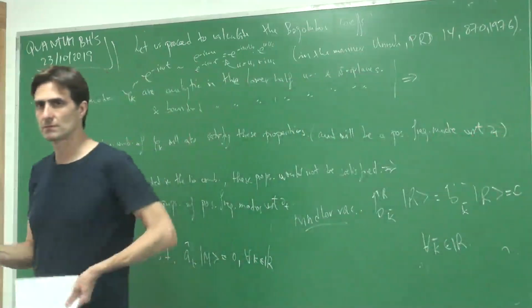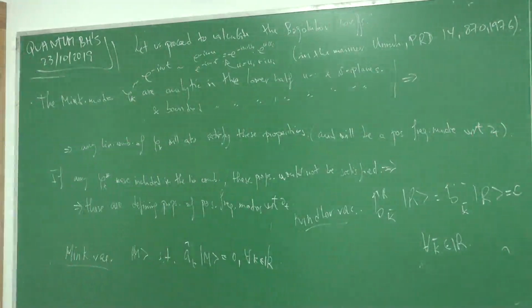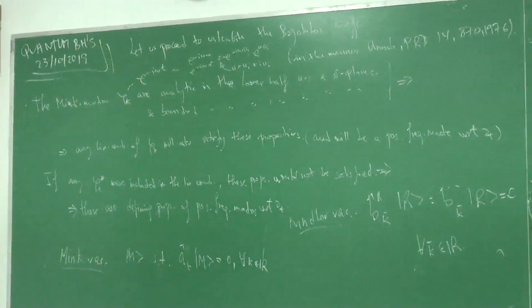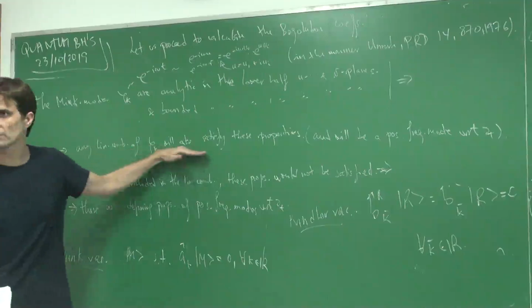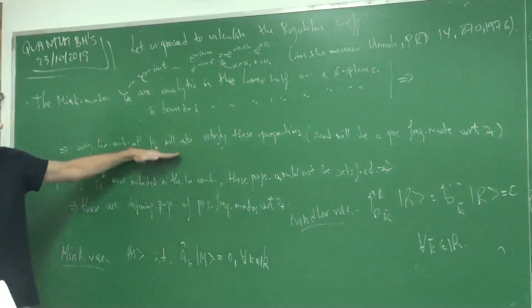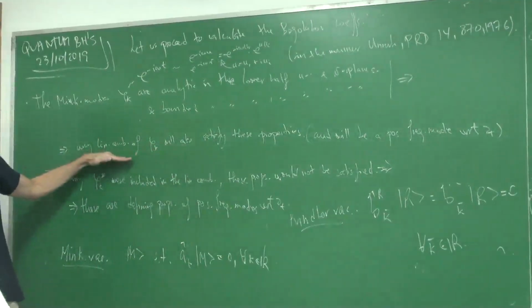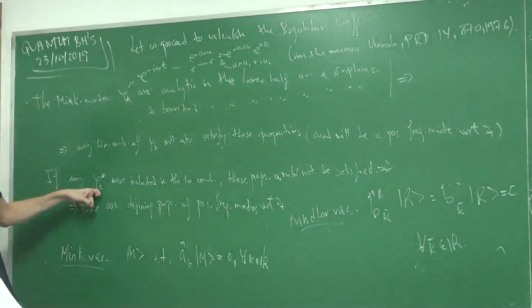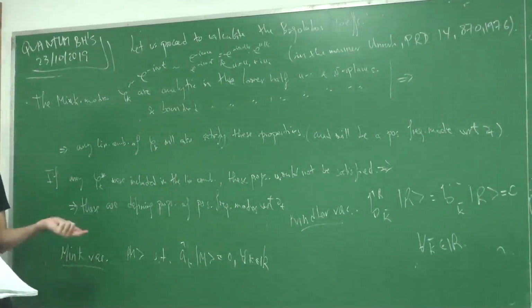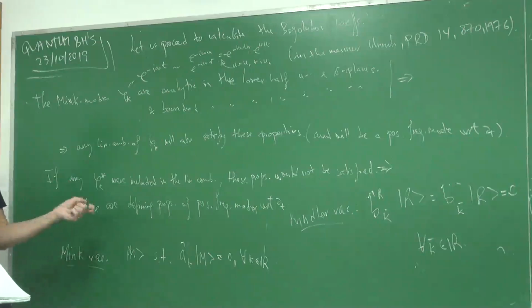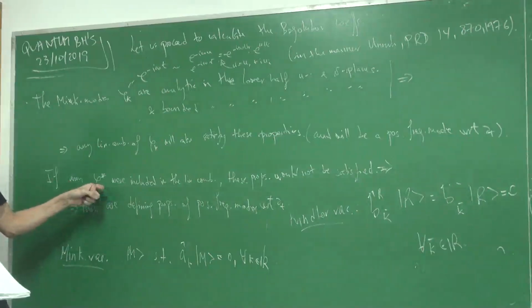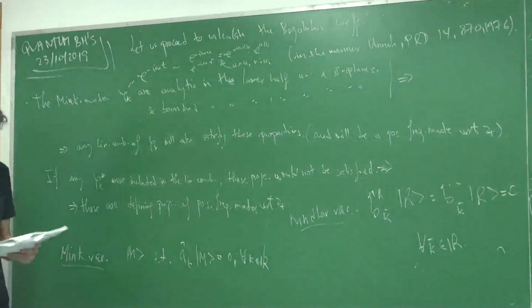You just put together all positive frequency modes, so the result will also be a positive frequency mode. If you include any negative frequency modes, the result will not be a positive frequency mode, and you won't satisfy these properties.